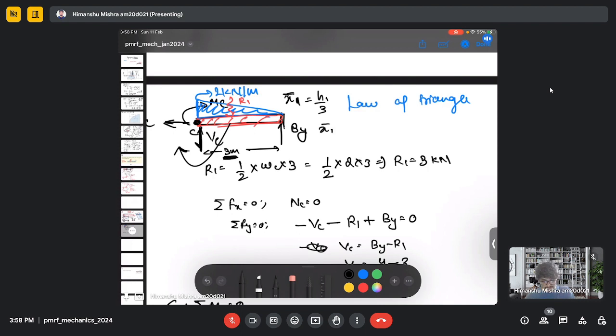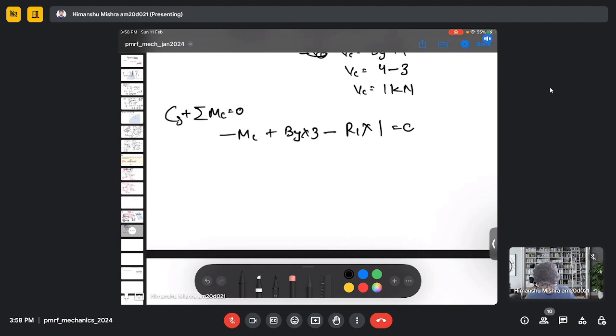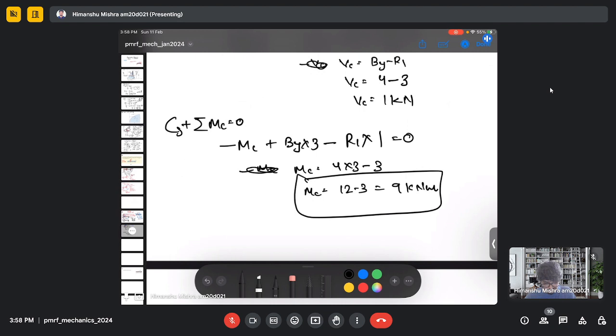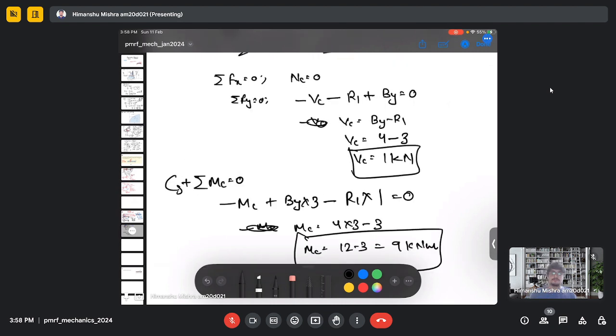So my x bar 1 is just 1 meter from this base, equal to 0. Then the moment at C will be By is 4, 3, and my R1 is 3. This is 9 kilonewton meter. So this is the moment at C, and this is the force at C.